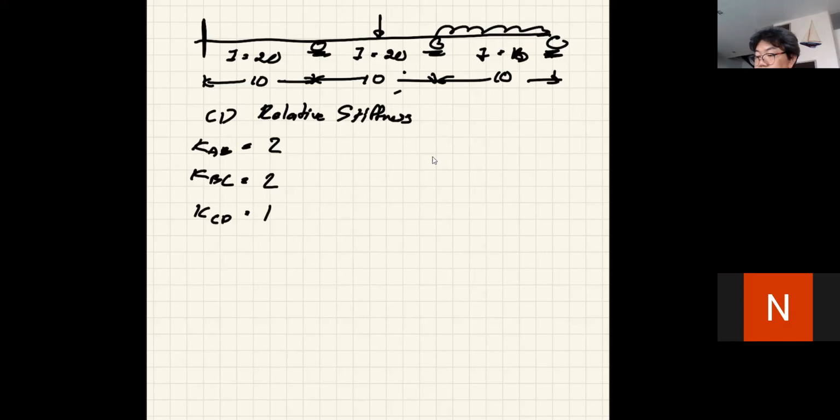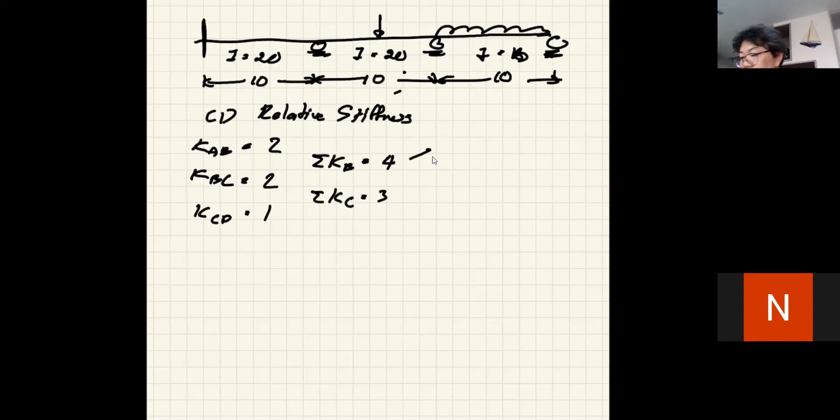It's 1. So right now, I can say that sigma KB is 4, and sigma KC is now 3, right? So from this, I can calculate my distribution factor for each member.